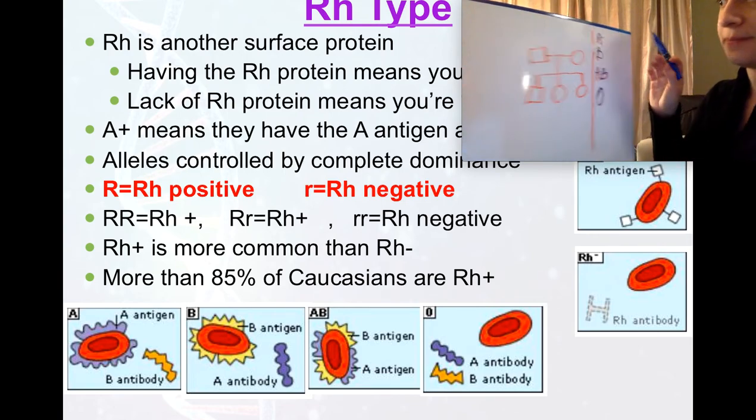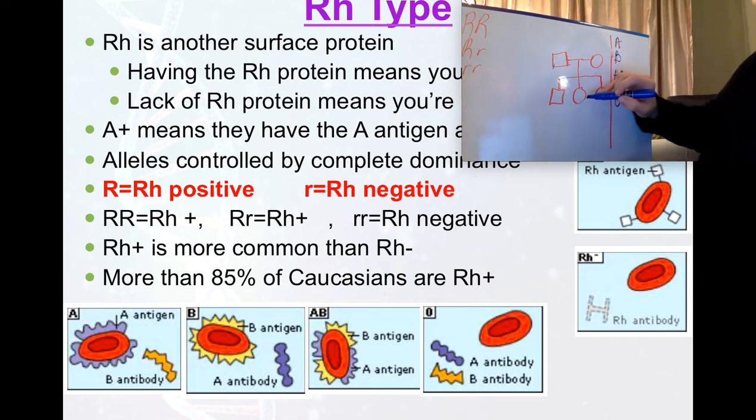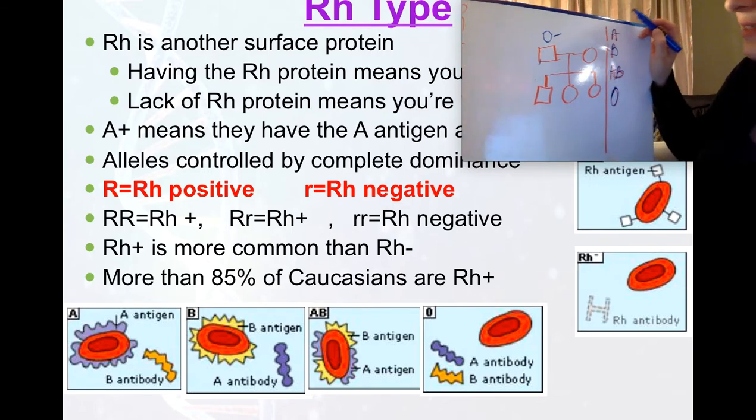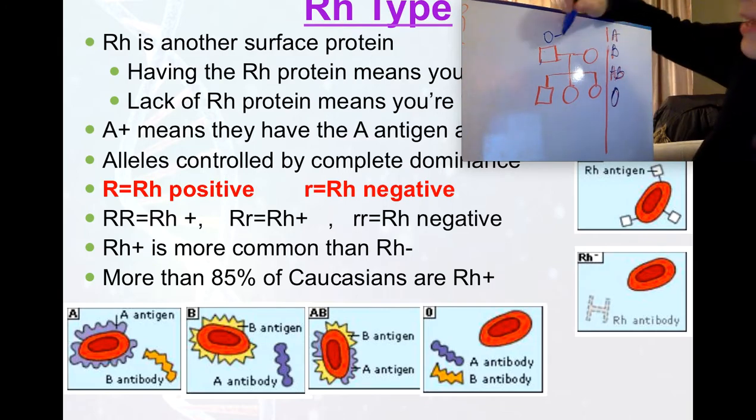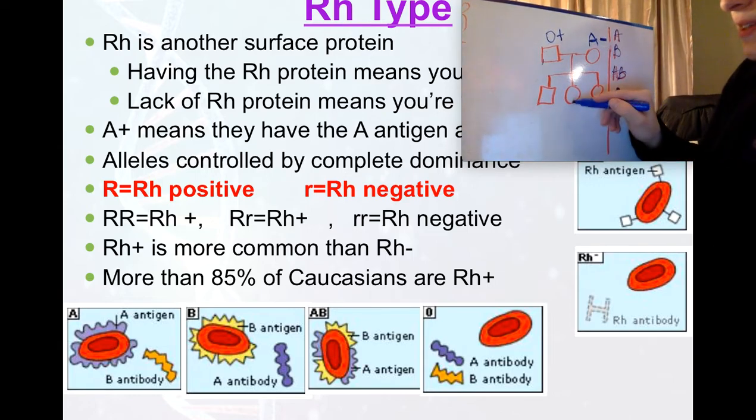So let's say that this father is O negative. And let's say that this father's O positive and this mother is A negative. So then what would this daughter be?